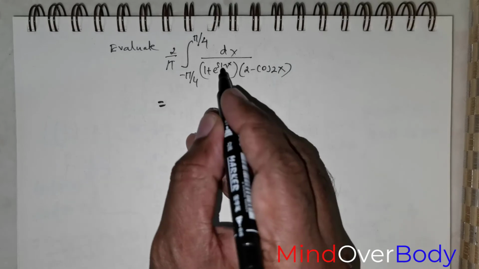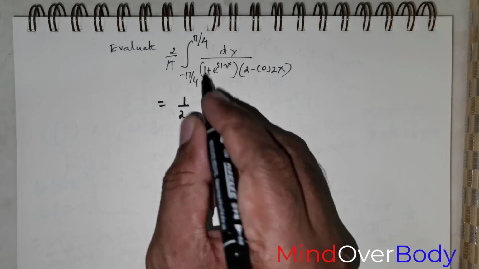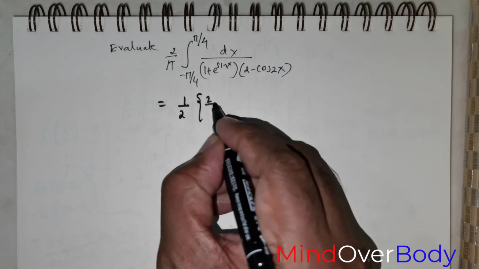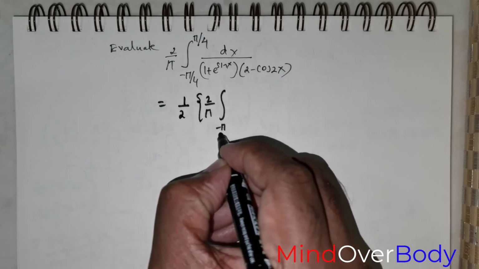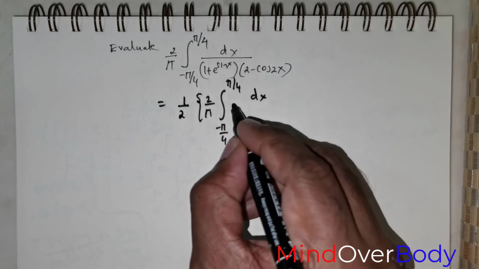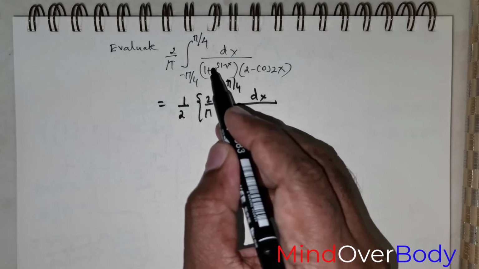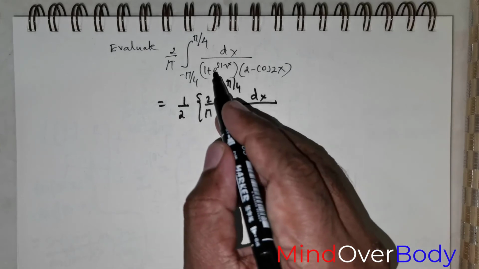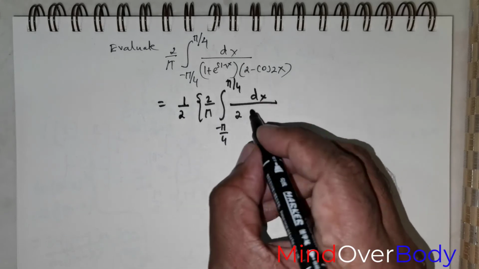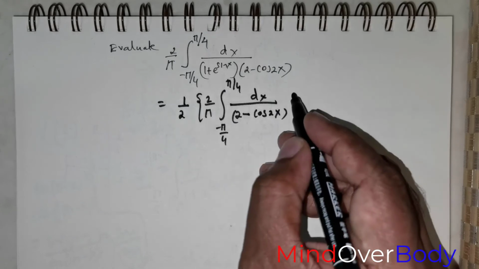So this would in turn result in us multiplying the entire integral with 1 over 2, followed by 2 over pi integral negative pi over 4 to pi over 4 of dx over, this is neutralized, and because of this being neutralized I'm getting 1 over 2 here. So all that remains is 2 minus cos 2x.